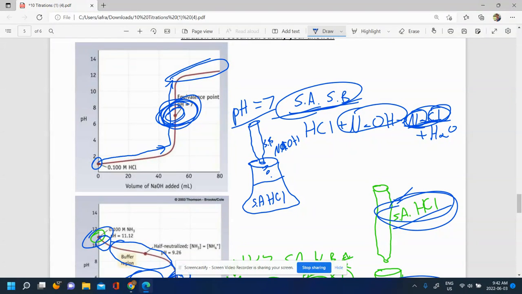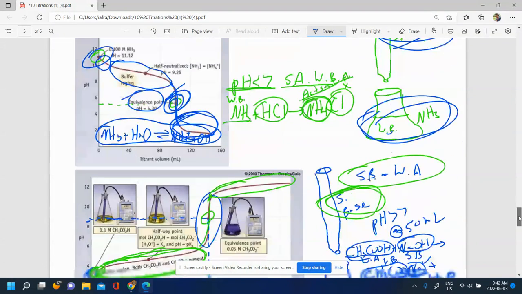But there's no buffer region here, because when you have a strong acid, strong base titration, let's say we look at the strong acid in the flask, it's not going to set up an equilibrium. Remember that strong acids and strong bases don't set up equilibria, right? Because they go in one direction mostly. So because they don't set up equilibria, they can't really go back and forth to buffer or to cancel out addition of acid and base like a buffer system could.